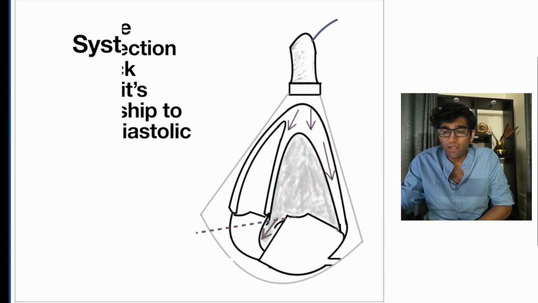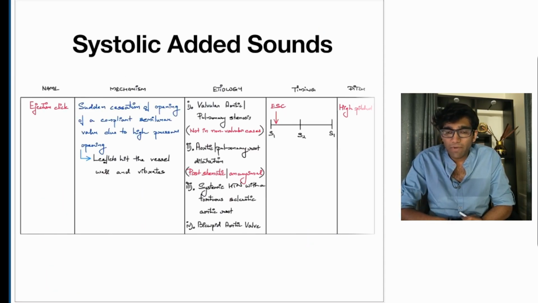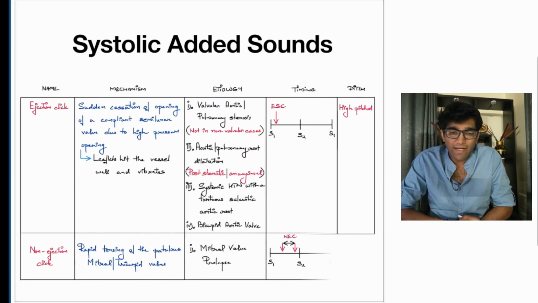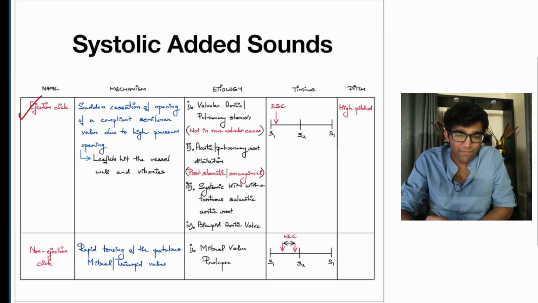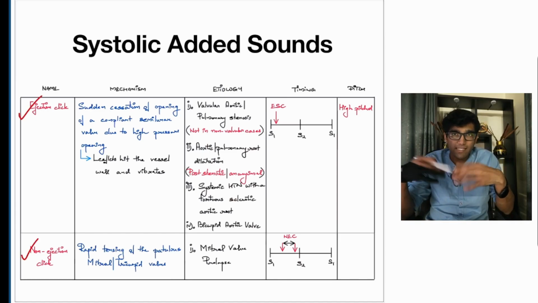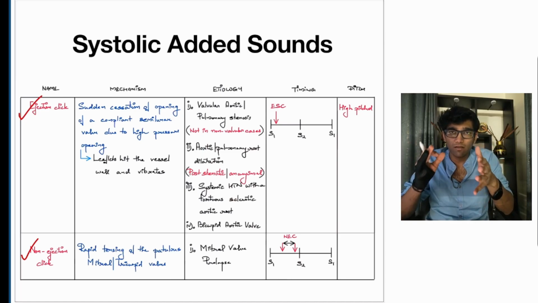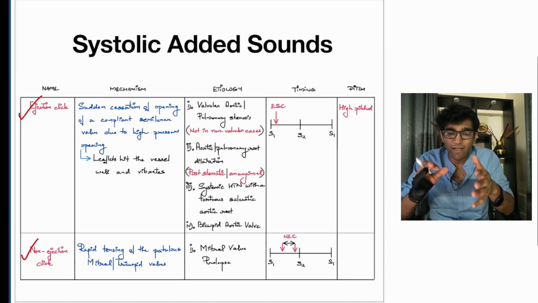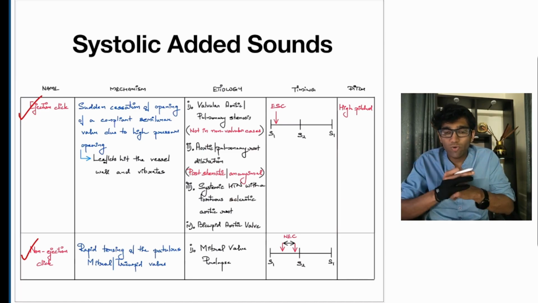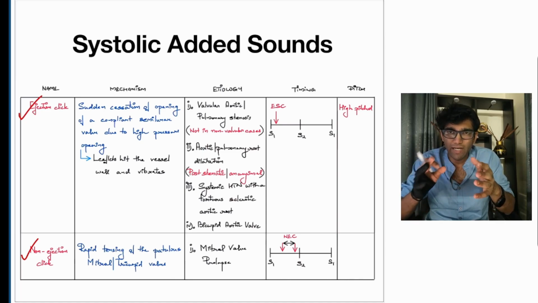Okay. Now, just to summarize, these are the two systolic added sounds. We have our ejection click and we have a non-ejection click. Okay, the ejection click happens because of sudden cessation of a pliable aortic valve or pulmonic valve while it is opening. Okay, and that produces a relatively musically pure sound.